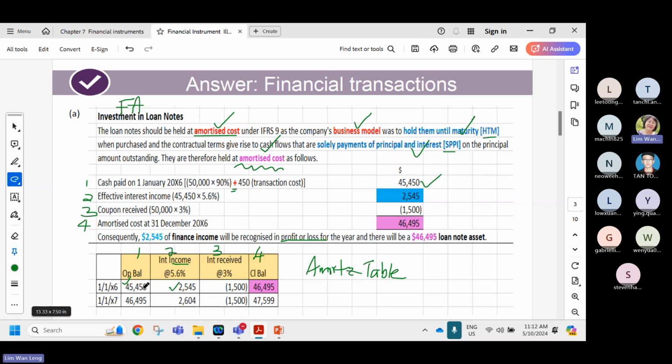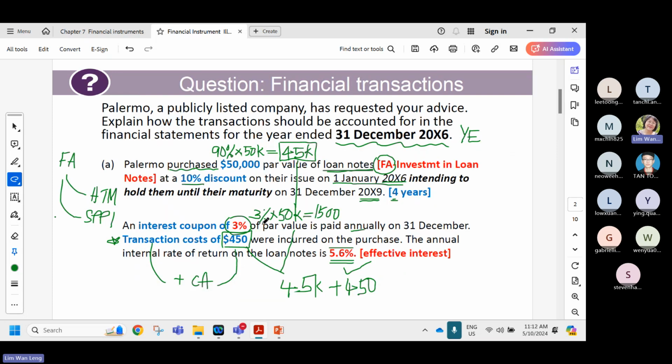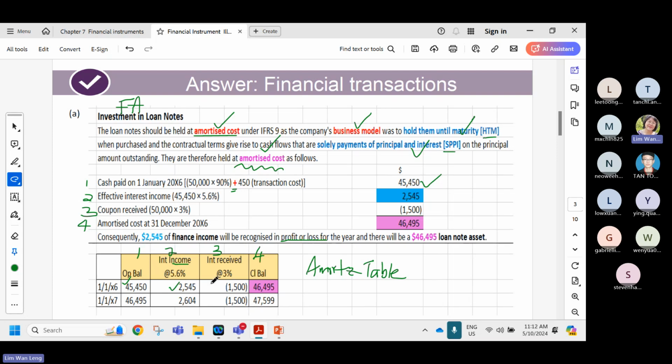And then interest that Palemo is going to receive in cash will be the 3% times by the face value. So in that case, just now we have already computed 3% times by the face value of the financial asset, you're going to get 1,500. So we are going to put it here.